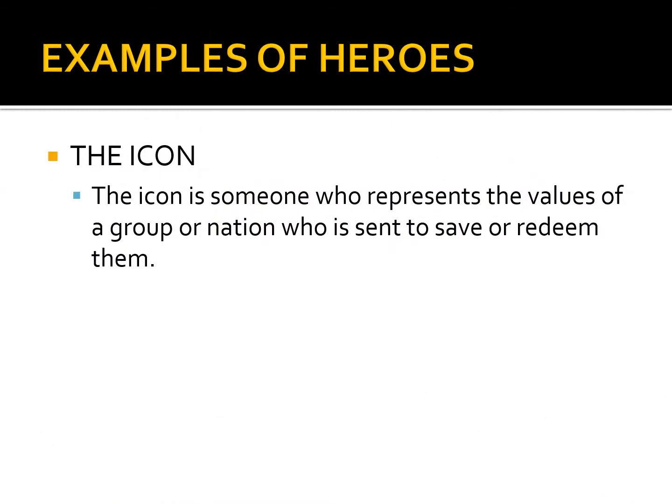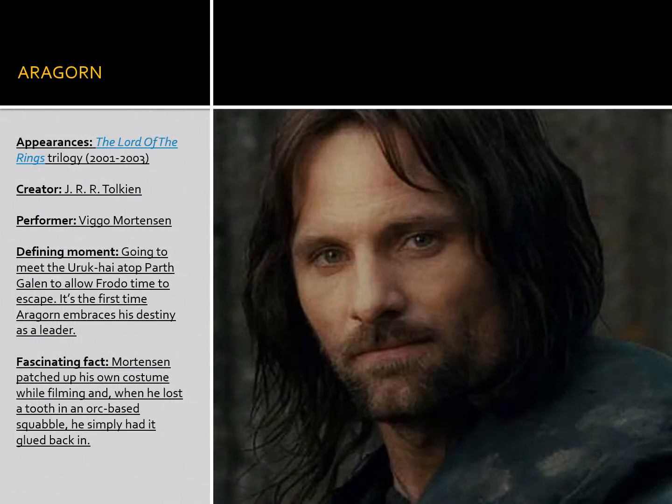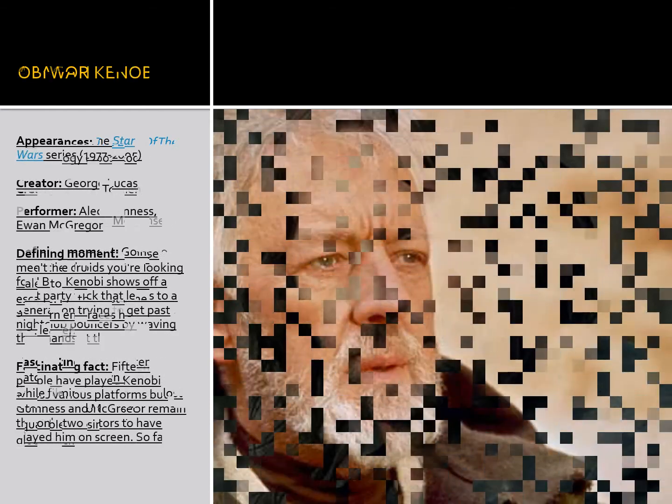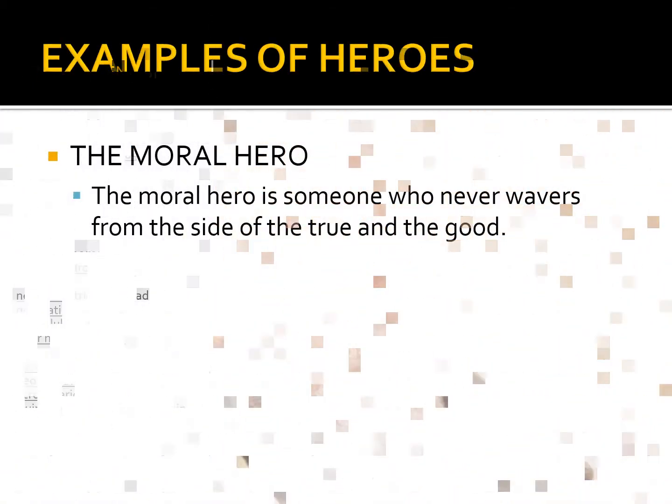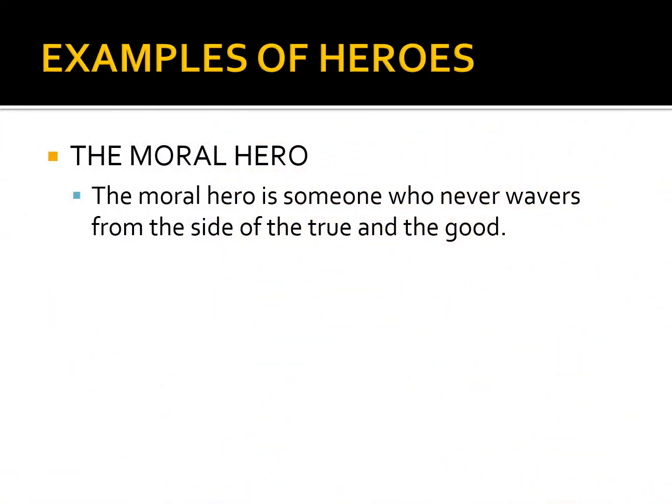The icon is someone who represents the values of a group or nation and who is sent to save or redeem them. Examples of an icon are Aragorn from The Lord of the Rings and Obi-Wan Kenobi from Star Wars. The moral hero is someone who never wavers from the side of the true and the good.